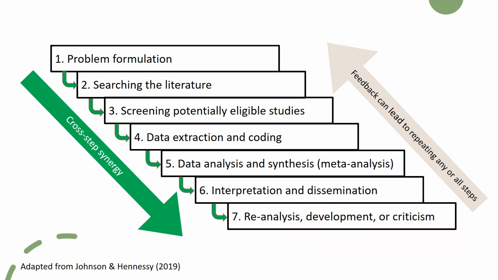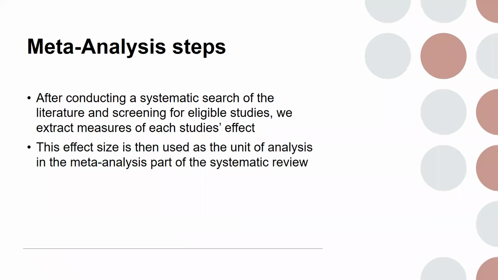Start with a problem, systematically, comprehensively, and transparently search the literature, figure out what studies are going to be eligible for our review, we extract information from them, and then it's in that fifth step, that data analysis and synthesis step, that we talk about meta-analysis.